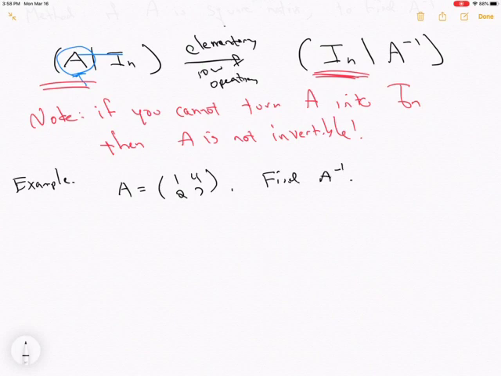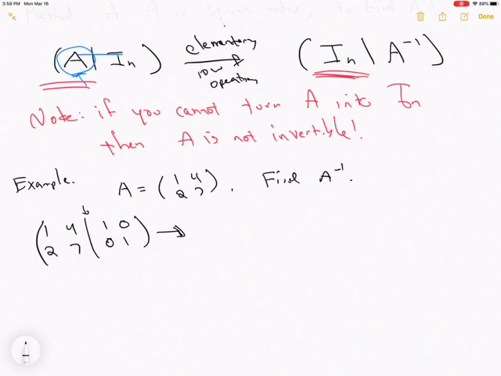So the method says that what you do is you write this matrix. Since it's a 2 by 2 matrix, we're going to put next to it the 2 by 2 identity matrix, and whether or not you write this vertical line is irrelevant. And now you're just going to perform a sequence of elementary row operations in order to turn the left-hand side into the identity matrix. You can do really whatever you want as long as it's an elementary row operation.